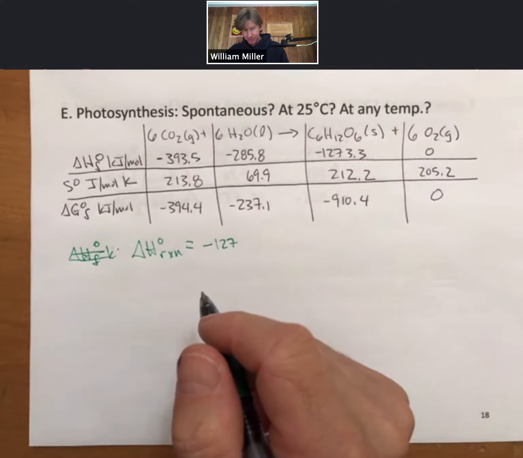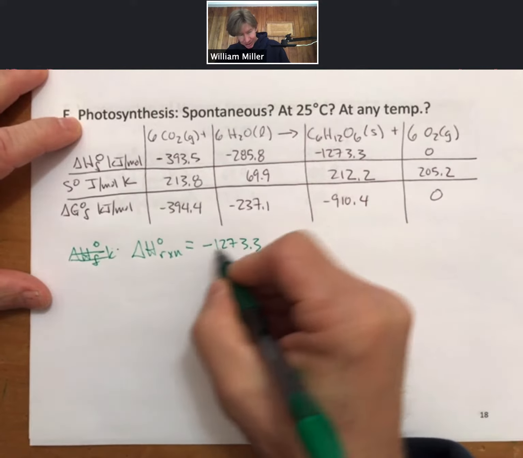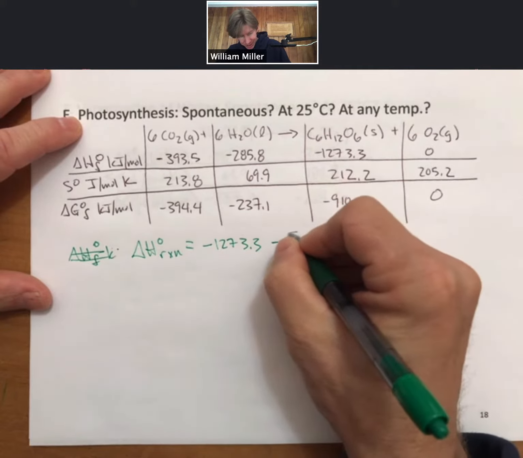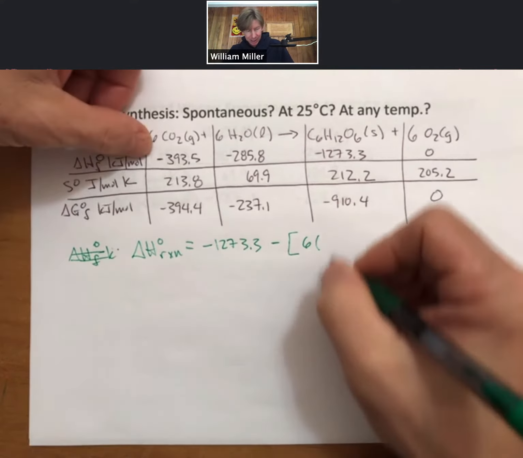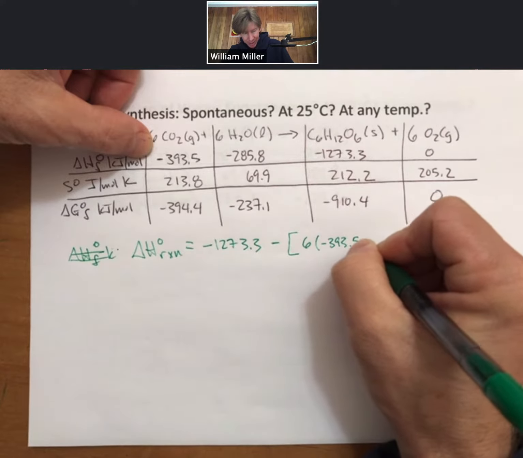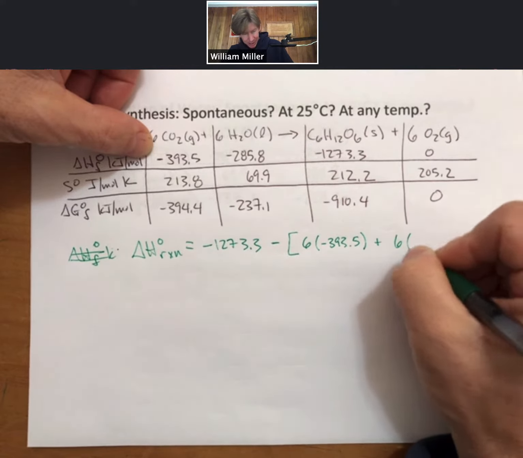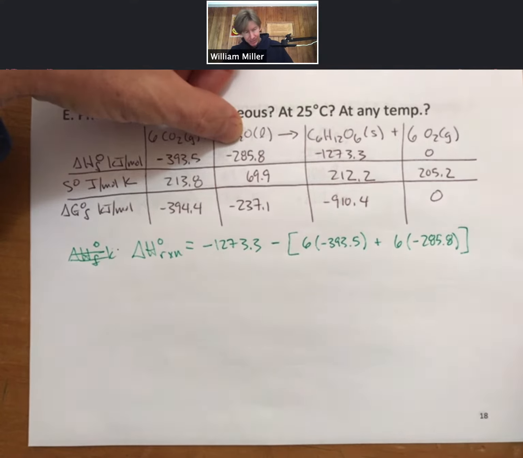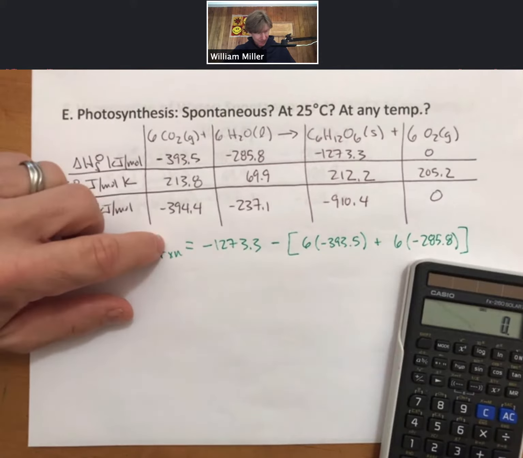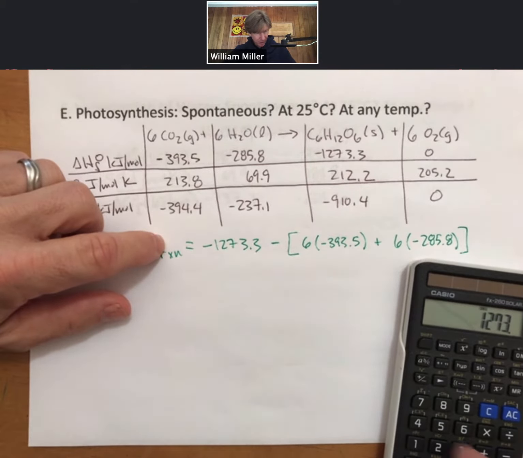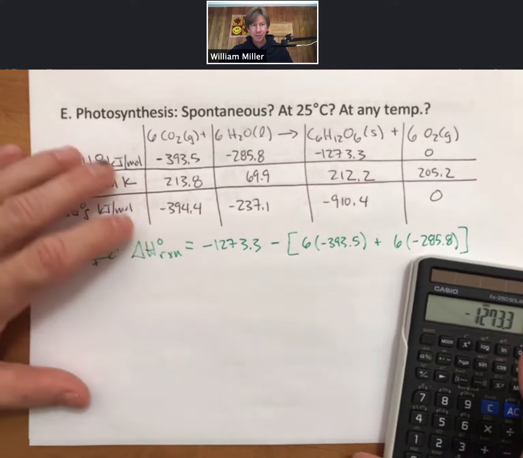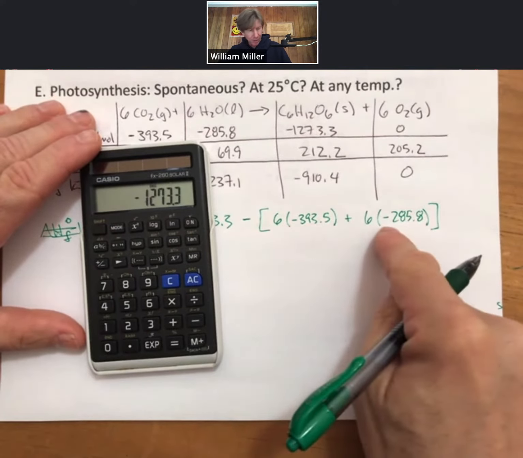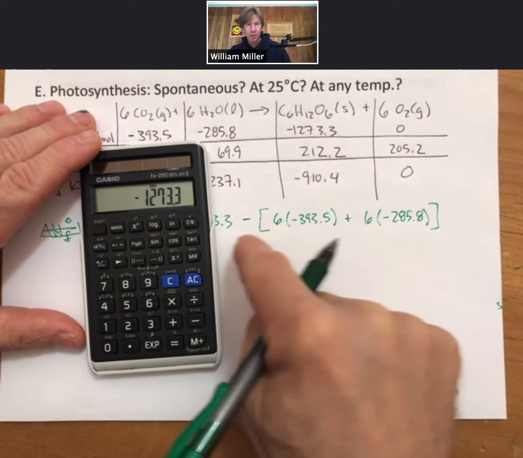So times 1 plus 6 times 0, so we don't have to include this, minus 6 times minus 393.5 plus 6 times minus 285.8. Multiply all these out, 1273.3 negative. These are all going to be pluses due to the double negatives.